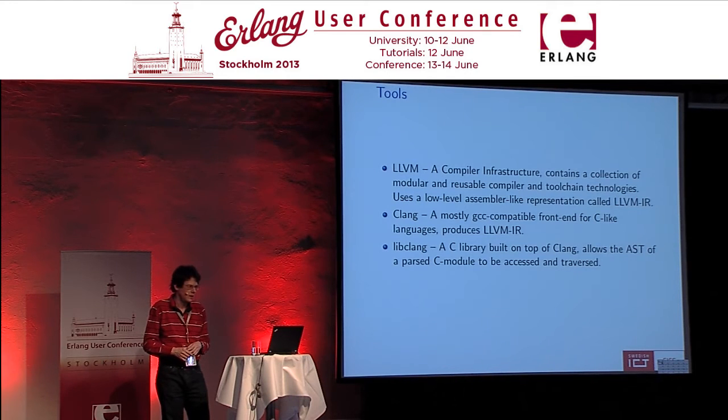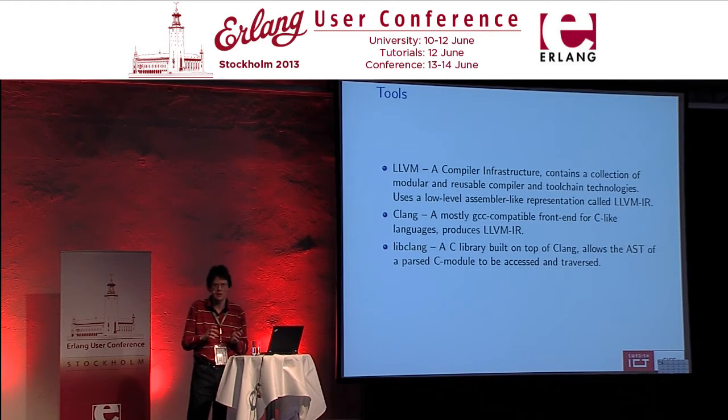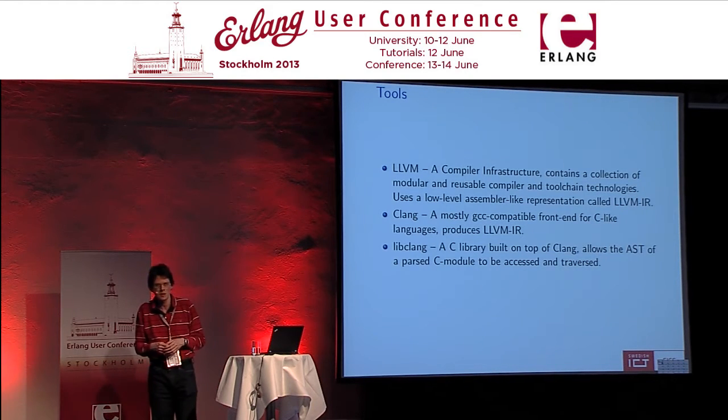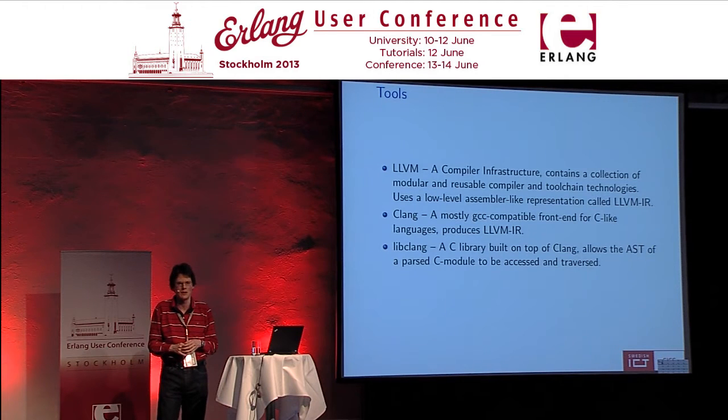optimizations. And as a complement to LLVM, there is a front end called Clang, which parses C-type languages, so C, C++, Objective-C, and so on. And it in turn behaves more or less like GCC, but as output it produces LLVM-IR.